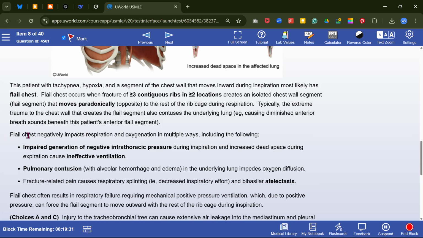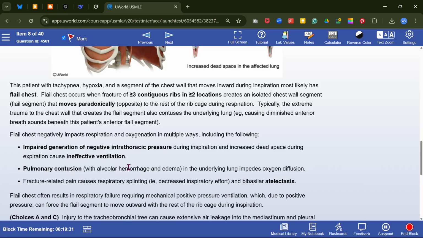So flail chest negatively impacts respiration and oxygenation in multiple ways, including impaired generation of negative intrathoracic pressure during inspiration and increased dead space during expiration, causing ineffective ventilation.